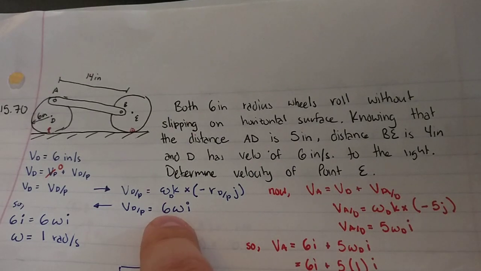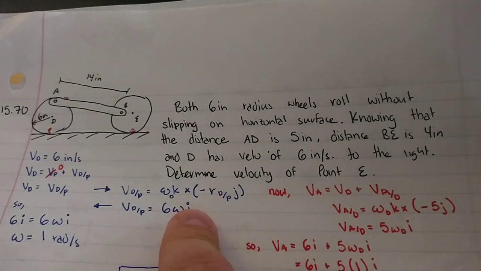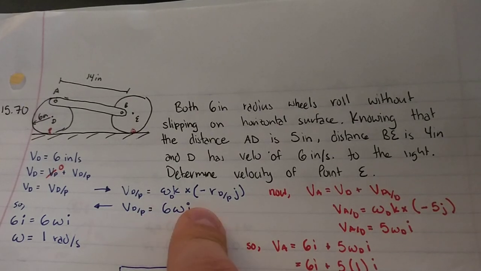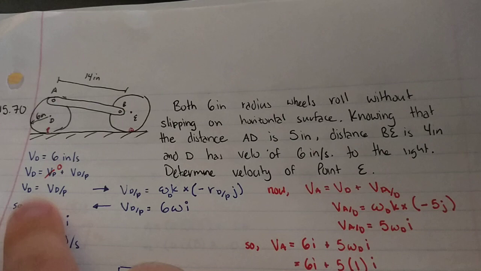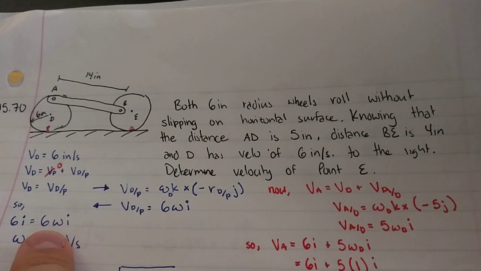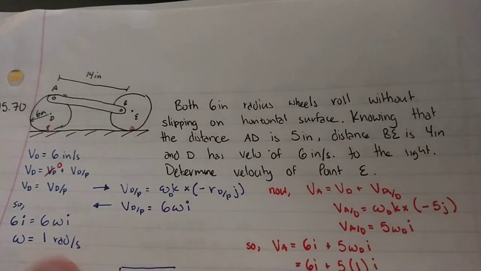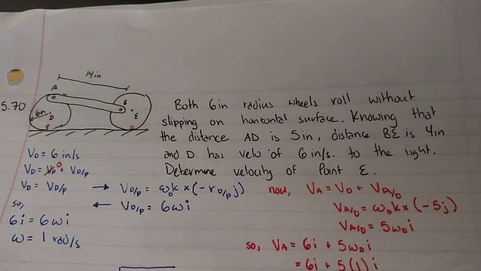So we're going to have omega k cross negative r_DP j, and that gives us 6 omega i. Now we sub in for the D to P, we know that's the same as the velocity of D, so that's 6. And we have this term here, which we just derived. So we solve for the angular velocity, which is 1 radian per second. So, great, we have that.